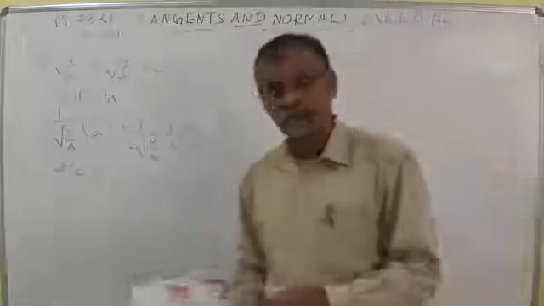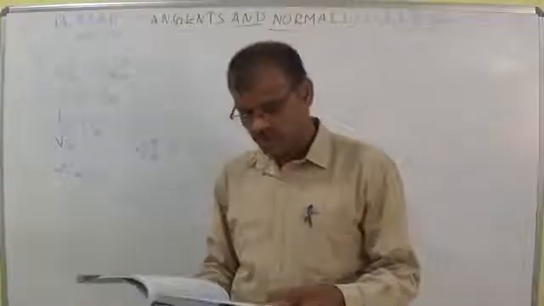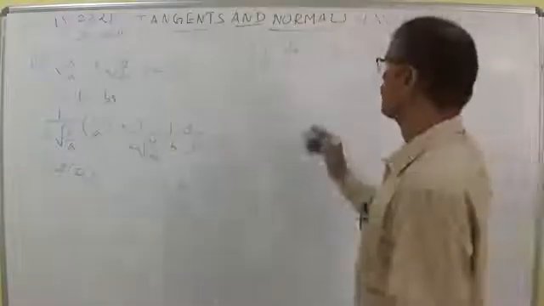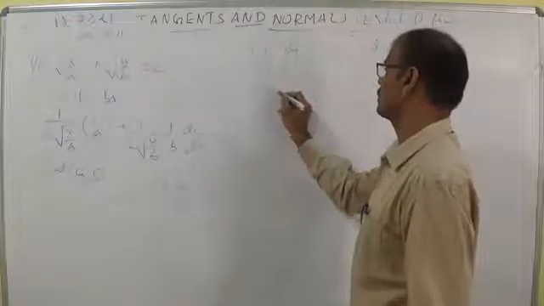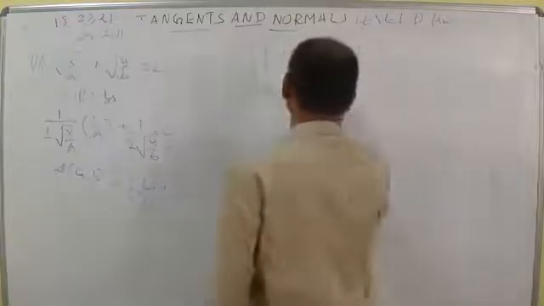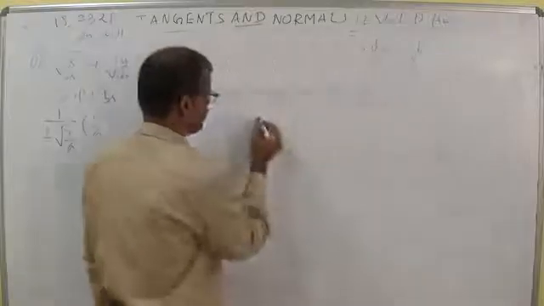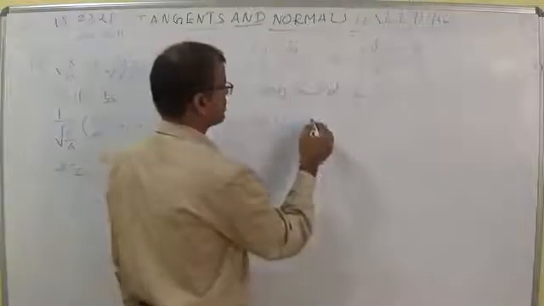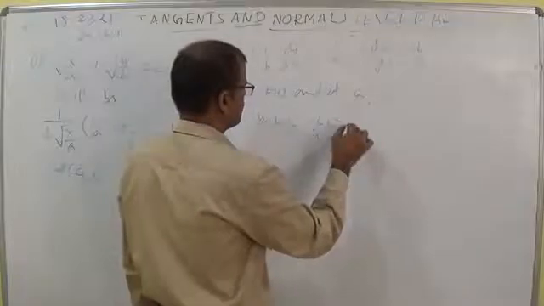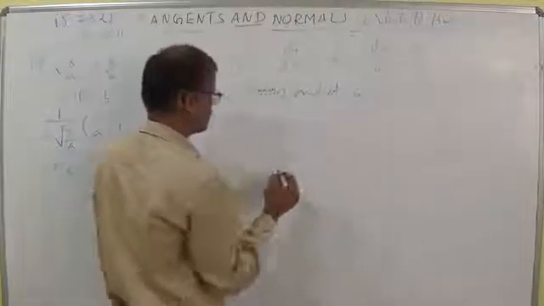Now, what he is asking? Equation of tangent at the point a comma b. Formula y minus b is equal to minus b by a into x minus a you can write.